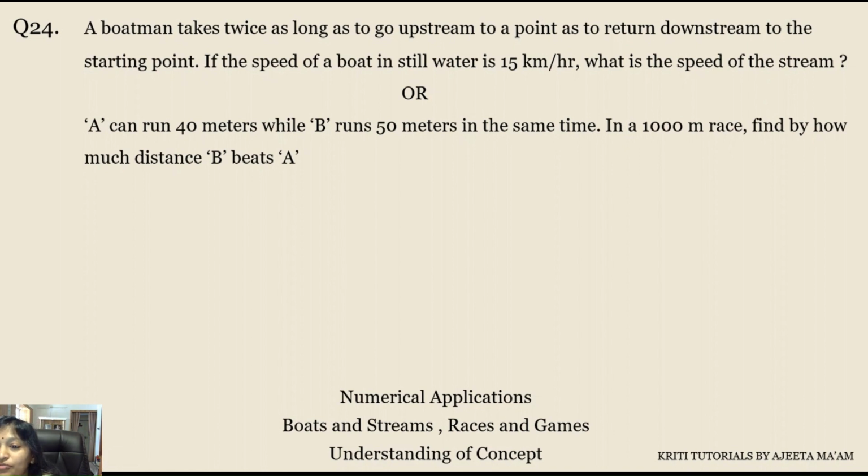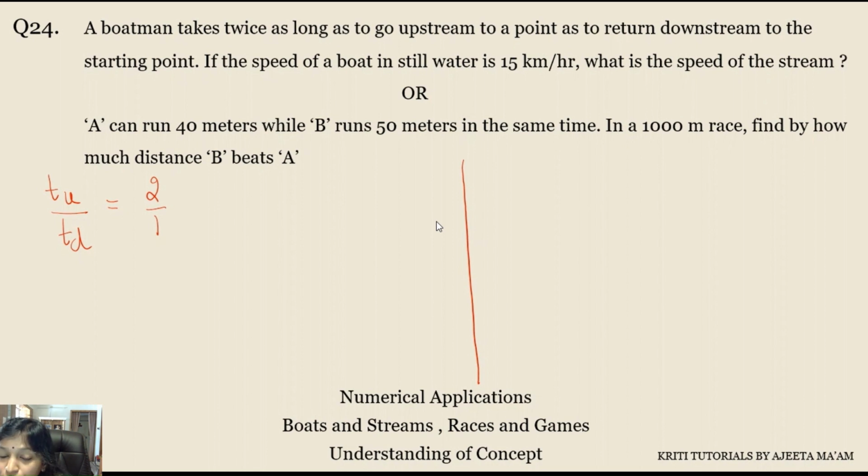Now for the speed of the stream, we are given the ratio of the time. So time for going upstream is twice the time to go downstream. So if I simply write the ratio of time for upstream and time for downstream, what's the ratio? 2 is to 1. As we all know, the ratio of the speed is inversely proportional to the ratio of the time.